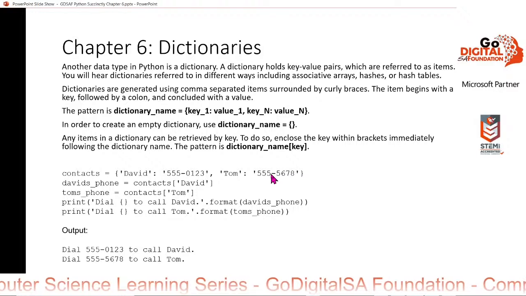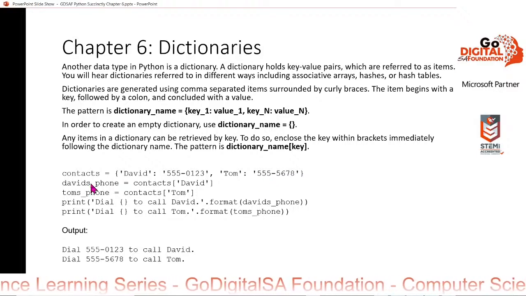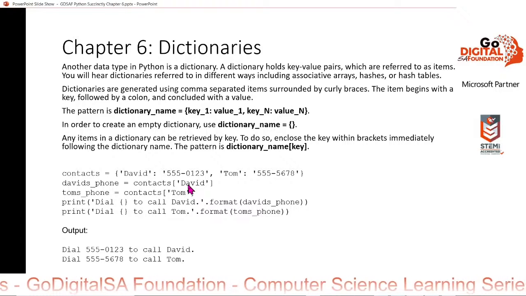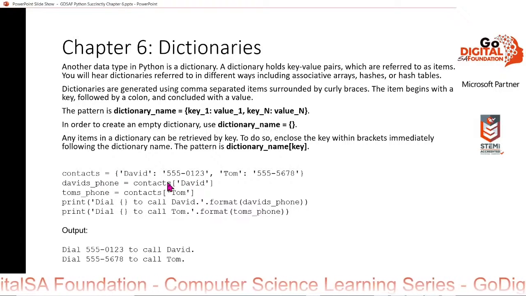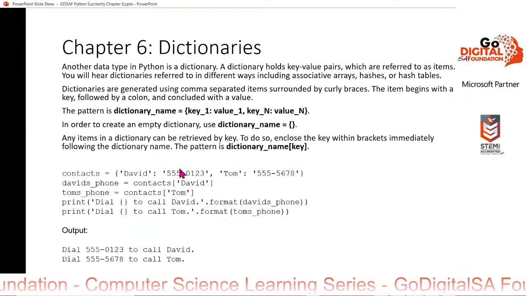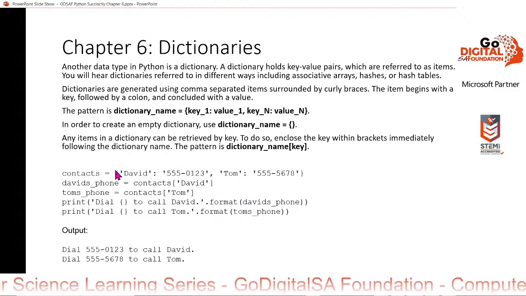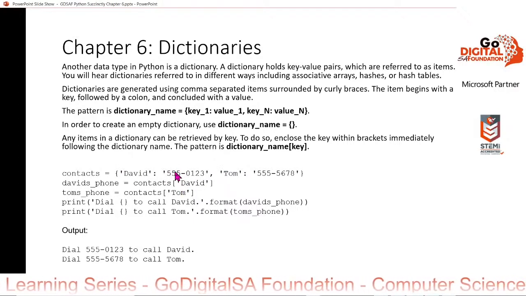The first has a key David, and then the value, and the second item, the key is Tom, and the value is that. If we say variable David's phone equals contacts David, then David's phone is set equal to the phone number, the value of the first item.